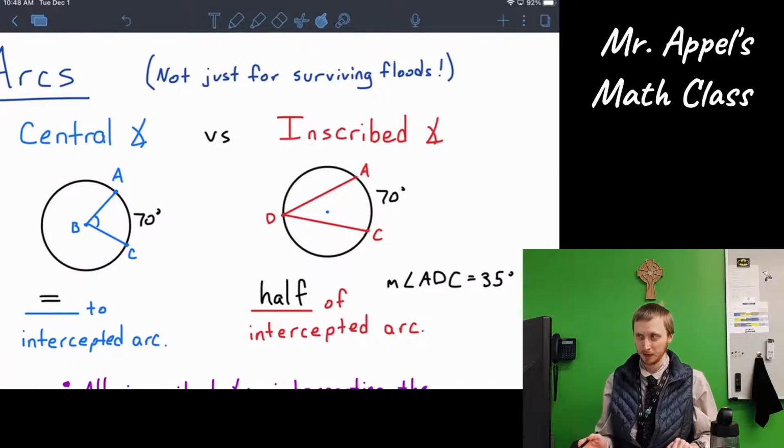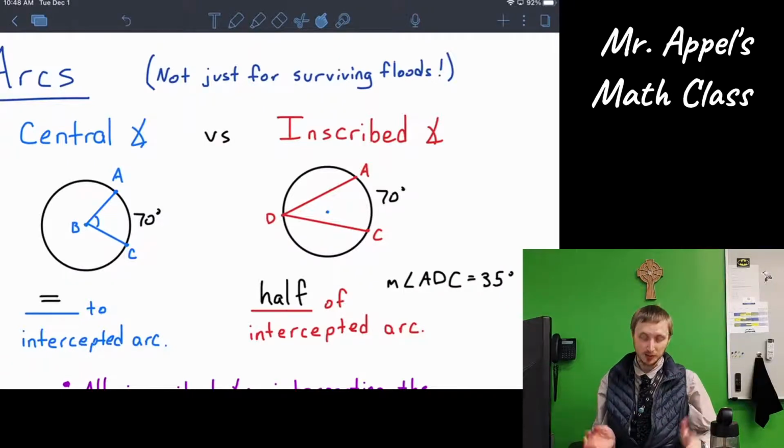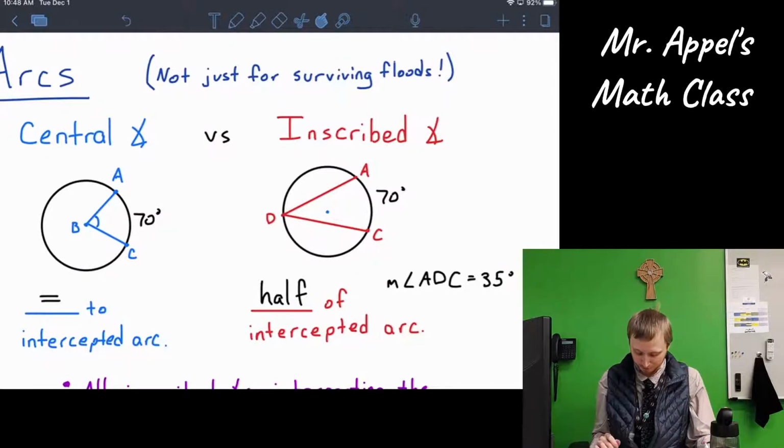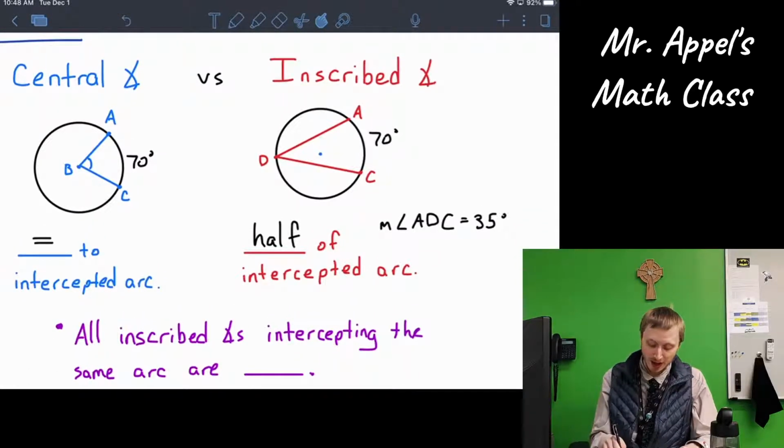There. And that's the basis of it, right? That's going to set us up to be able to do all kinds of interesting things inside of a circle. And there are several consequences thereof, expanding from that. Knowing that it will always be half, you could also say then that any and all inscribed angles that intercept the same arc.